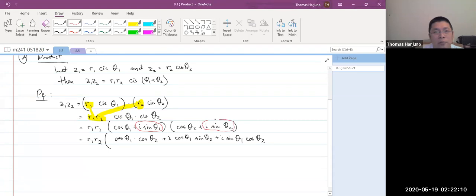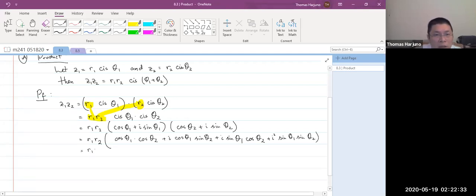When we do FOIL, that will give me i squared times sine theta 1 sine theta 2. Okay, now the thing is, i squared is equal to what? Negative 1, that's right.